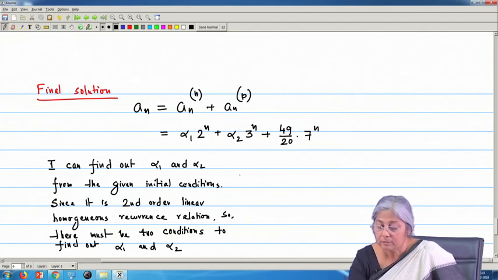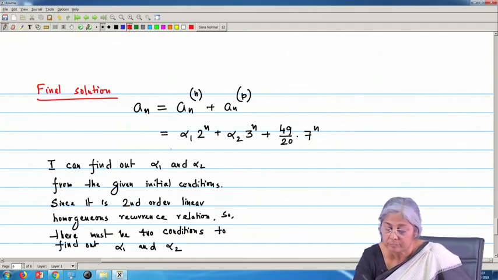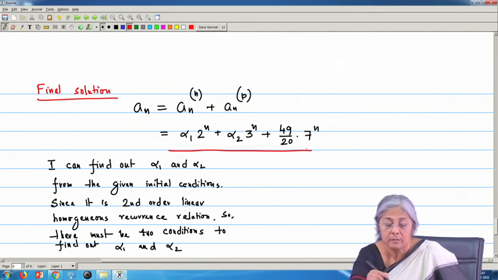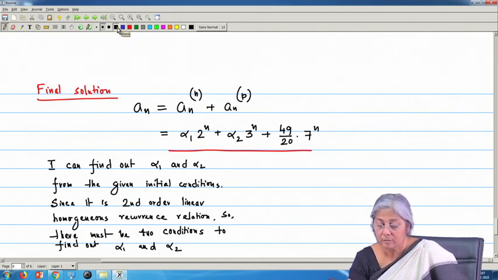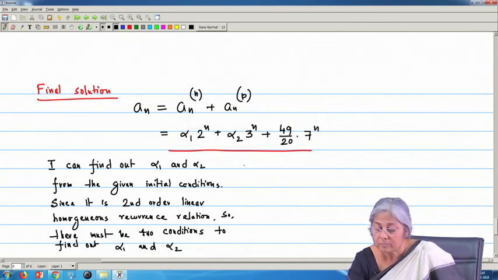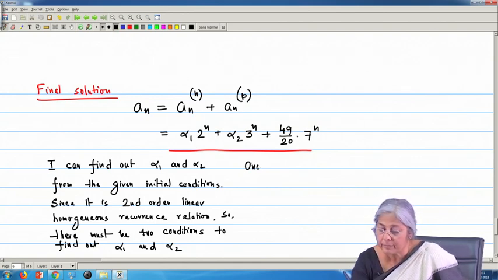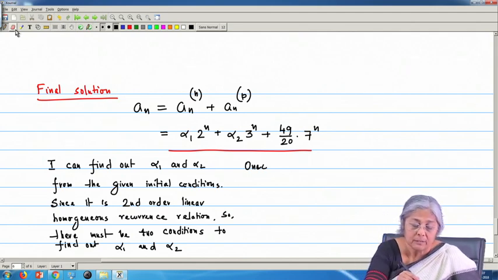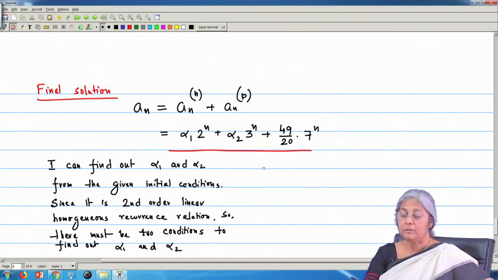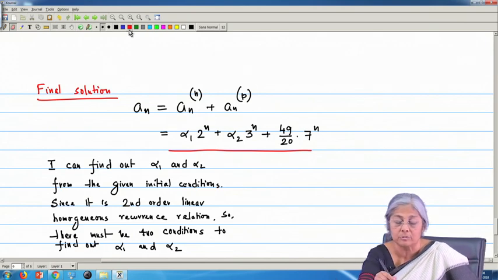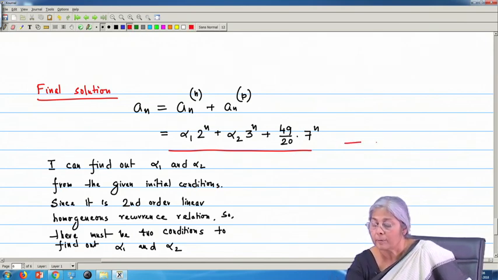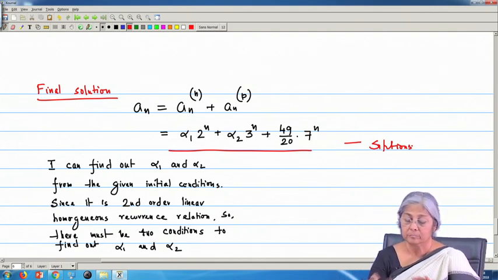And solving those equations, once we get the values of alpha 1 and alpha 2, we get all the solutions of the given recurrence relation.